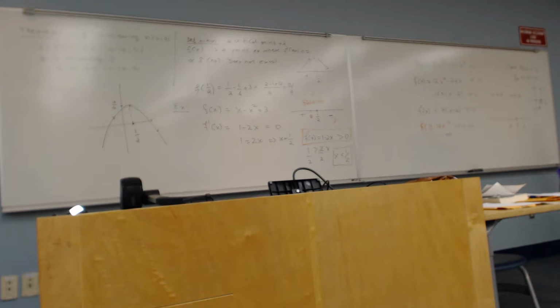So if I test the one point, then that one point determines the color, quote unquote, of the whole segment between the critical points. Here the derivative is negative, so it means that my function is going to be decreasing.